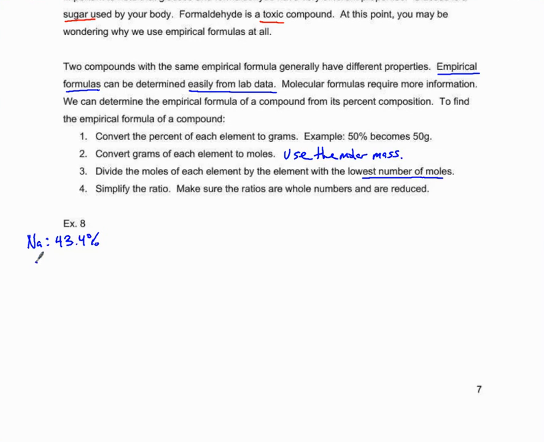And it is some carbon 11.3%. And then we have oxygen, and the oxygen accounts for 45.3%. And we follow these same steps.